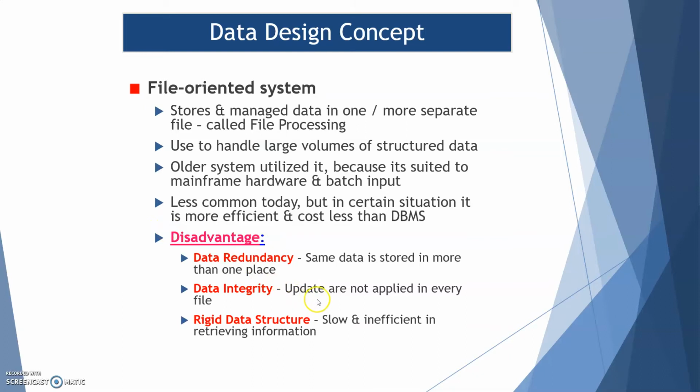Three potential problems exist in a file processing environment. The first problem is data redundancy, which means that data common to two or more information systems is stored in several places. The second one is data integrity.